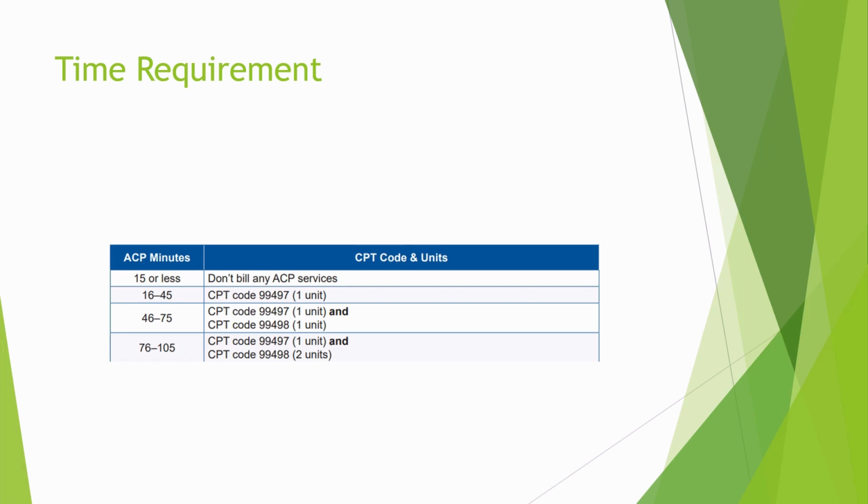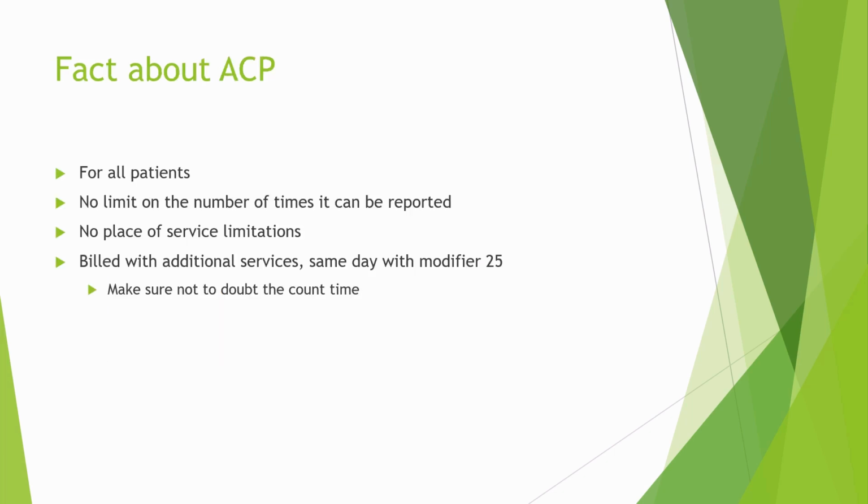If it's between 16 and 45 minutes, you'll bill 99497, 1 unit. If there's additional time beyond 46 minutes, then 99497 can also be billed with 99498. And if there's additional time, as you can see on this chart, there are additional units that can be used.